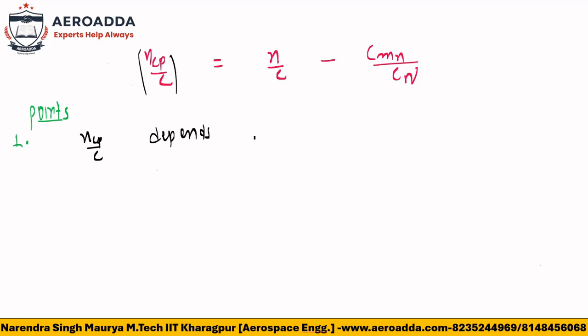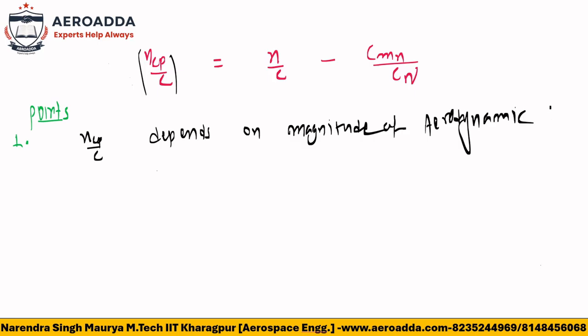depends on magnitude. See, Cn is what? Aerodynamic coefficient. So directly you can write, because Cn can be anything. It may be Cm, Cl, Cd. So XCP depends on magnitude of aerodynamic coefficient. Aerodynamic coefficient, right?